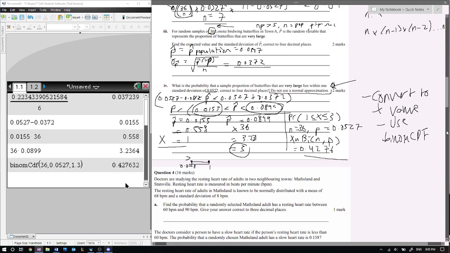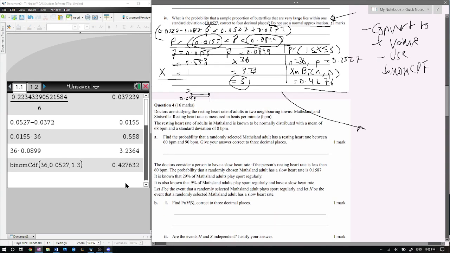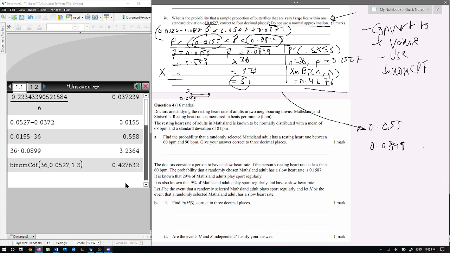In this question, I'll just use the example in this question. So you have a proportion of 0.0155 and a proportion of 0.0899. If you think about it, that's saying that in a population of 36, a proportion of 0.0155 of them are very large. So converting that to percents, 1.55% of them are very large, if that makes more sense in your head.